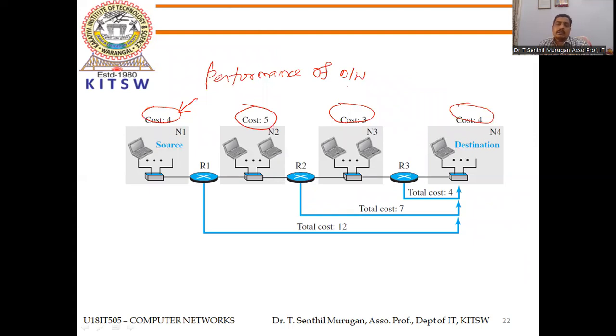Like that, characteristics related to quality of service will be considered, and the cost value will be given accordingly. Okay. In the previous diagram they gave the hop count. Here they calculate the cost value. So what is the cost from source to destination? The diagram is the same, but instead of hop count, here we use the cost value.